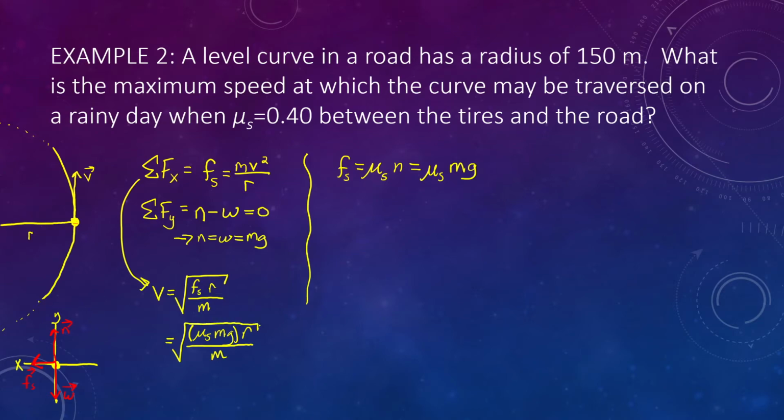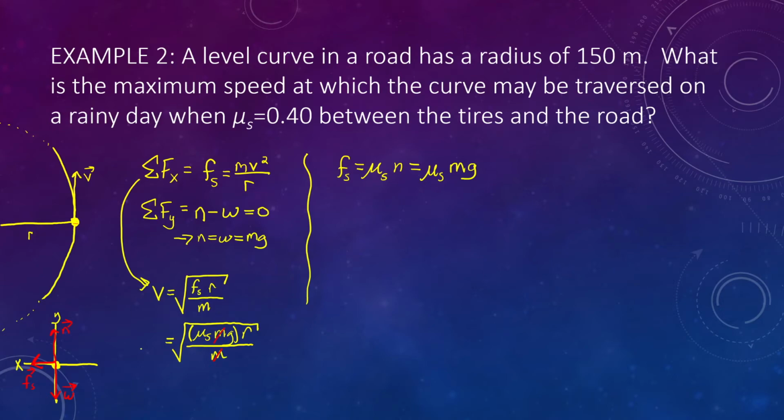Now, in this case, notice what happens. We still don't know the mass m. But the good news is we have an m on top and an m underneath. Those m's cancel out. I believe I've said this in a past lecture, but if you're ever working on a problem where you swear you need to know the mass but it's not given to you, it's a likely indication that it's going to cancel out somewhere.